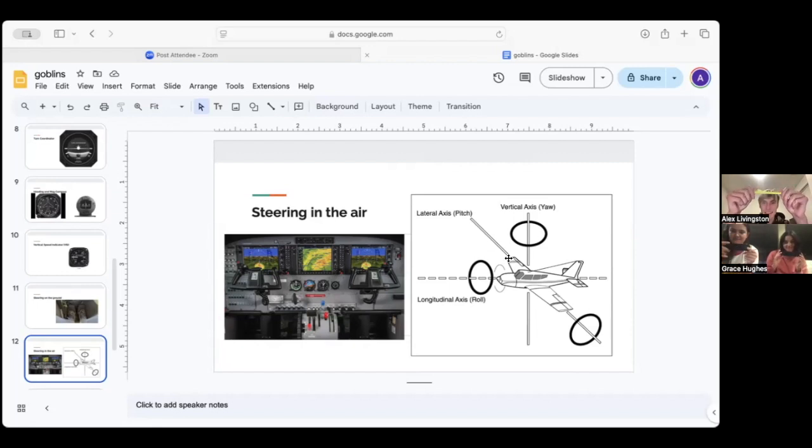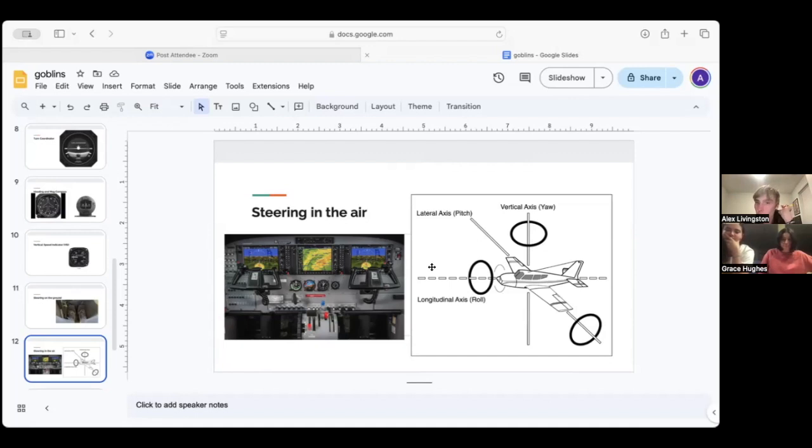It's moving up and down. This is our lateral axis. And then the last one, vertical, rotate it. This is just side to side. And that's yawing. That's what we use the pedals for. Is that when the plane goes like that? Yes, exactly. For the vertical axis, for yaw, you use the pedals.